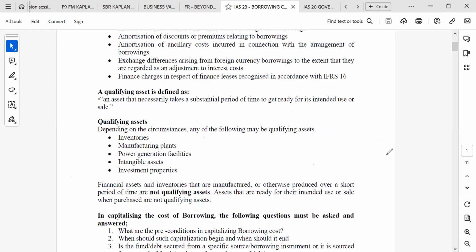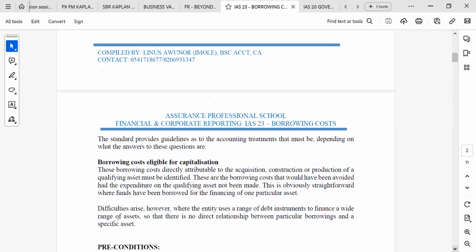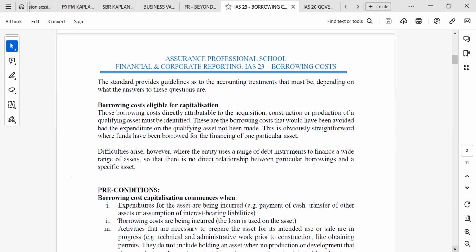There is no asset under construction. So let's look at, when do we start capitalizing? And what asset do we capitalize borrowing cost for? It is a qualifying asset. When do we start capitalizing the borrowing cost? What should be the conditions?